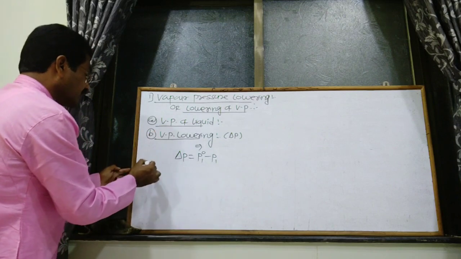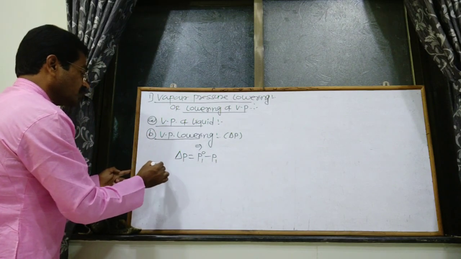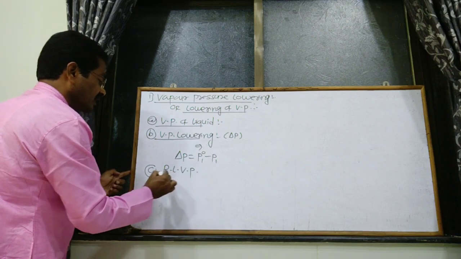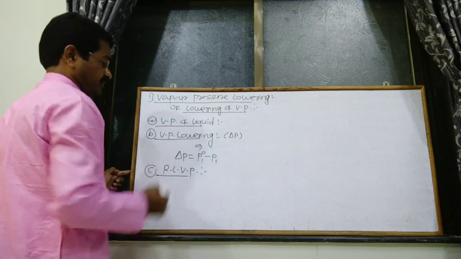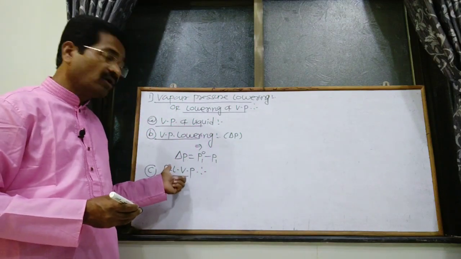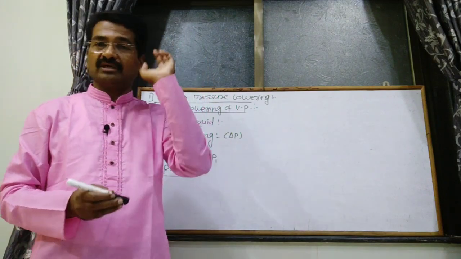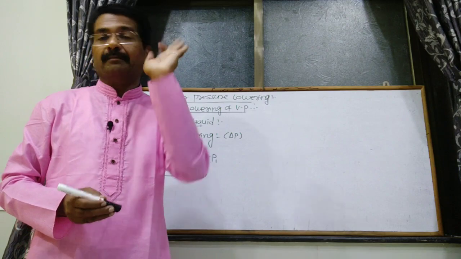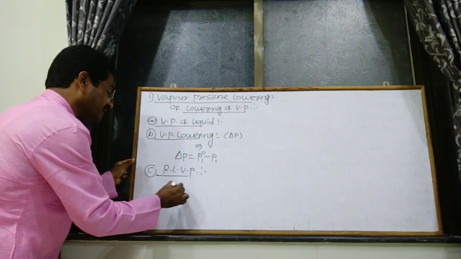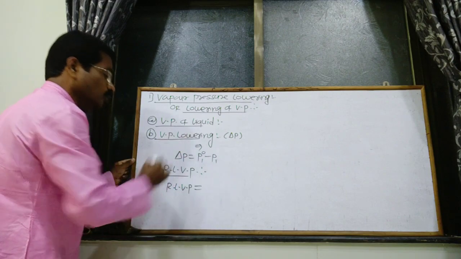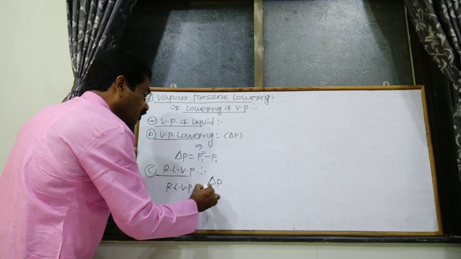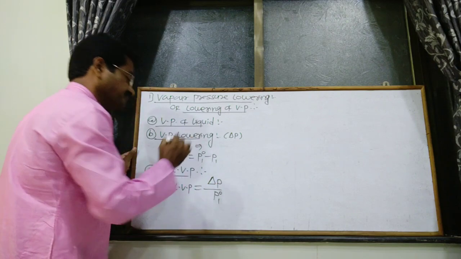Then the third term we can also study, RLVP. RLVP is a short form; the actual long form is relative lowering of vapor pressure. So the relative lowering of vapor pressure, RLVP, is equal to delta P upon P01.